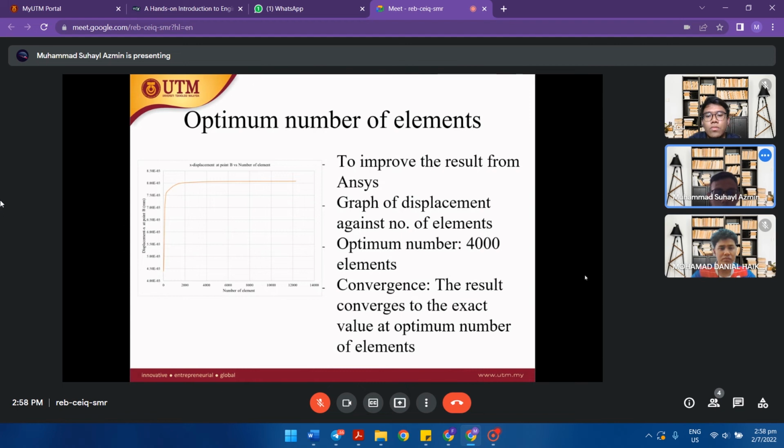From the graph, we can see the pattern of the line graph becomes linear at 4,000 elements. Hence, we concluded that at 4,000 elements, the value of displacement converges at the exact value, and 4,000 elements is the optimum number of elements for this problem.